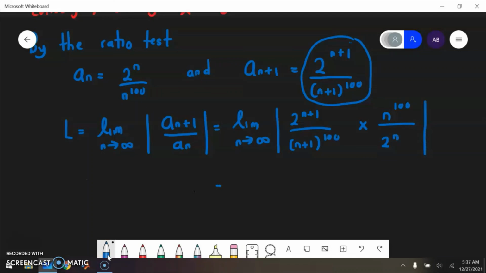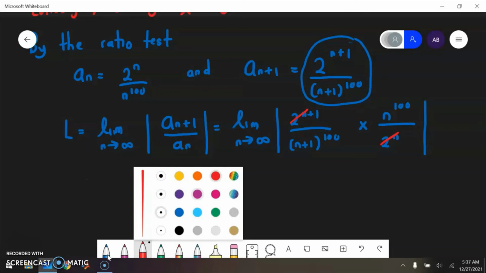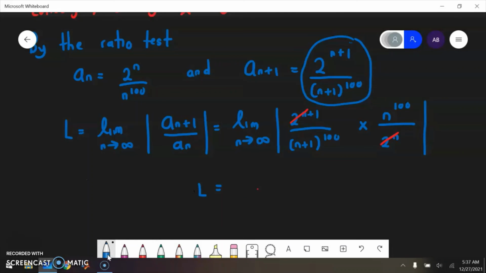Simplifying, the only thing I can simplify is the 2 to the power of n term. I take the 2 out, so I have 2 times n to the power of 100 over n plus 1 to the power of 100. So I can write it as n over n plus 1, to the power of 100.